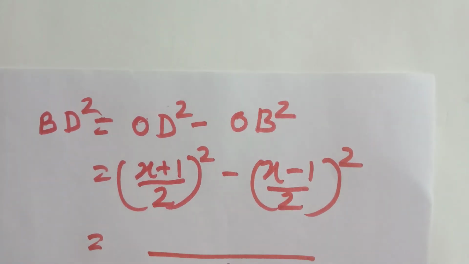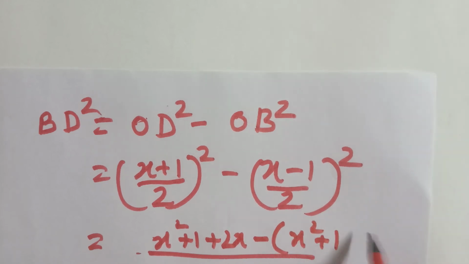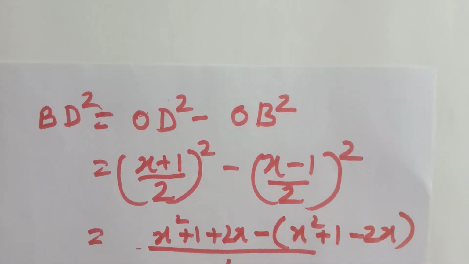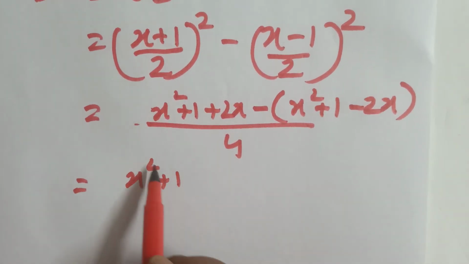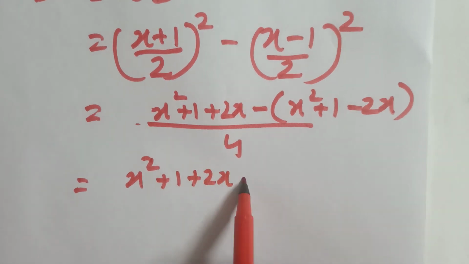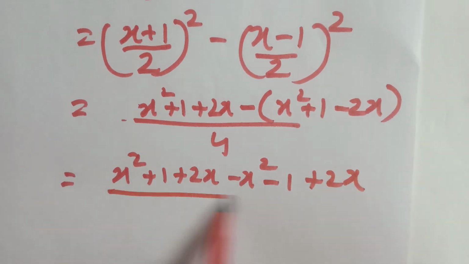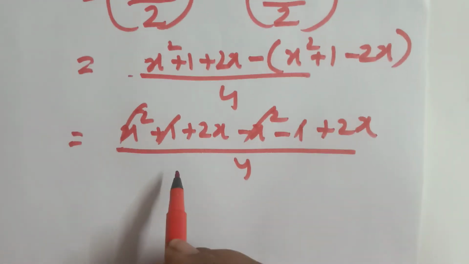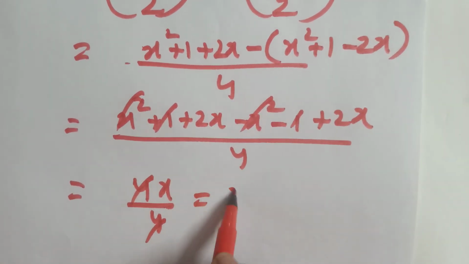Taking 4 as the common denominator, since after squaring the 2 we have the same denominator, and using the identity, this is x square plus 1 plus 2x minus x square plus 1 minus 2x, upon 4. Cancelling, we are left with 4x upon 4, and the 4 cancels, that is x.